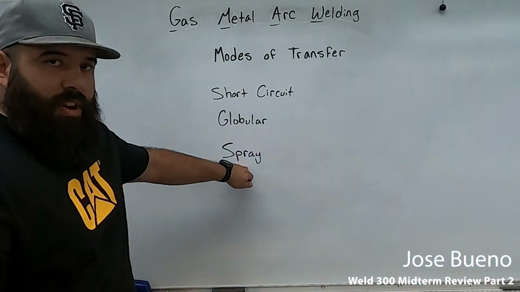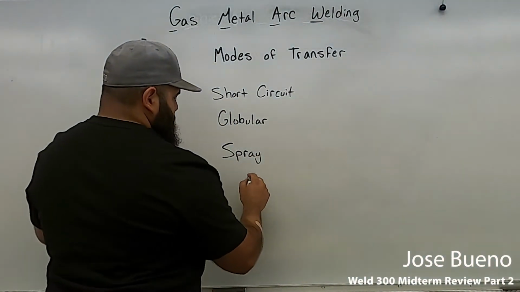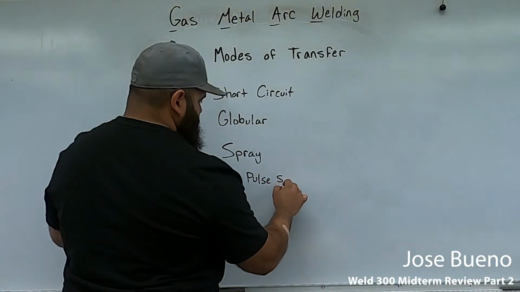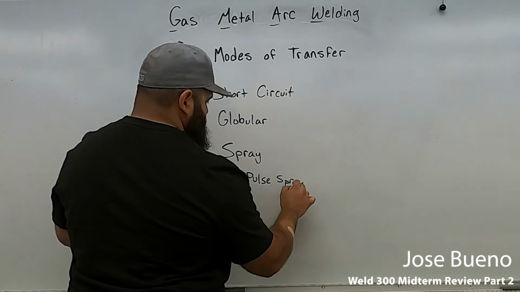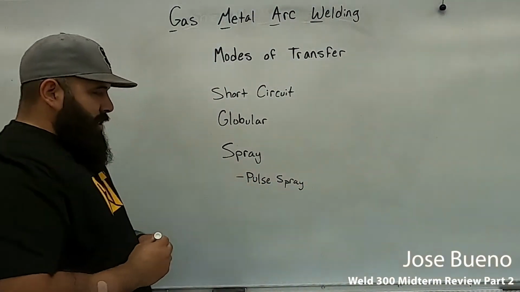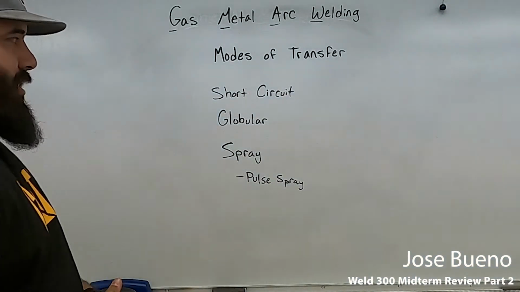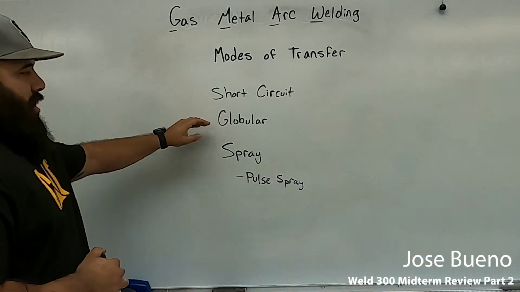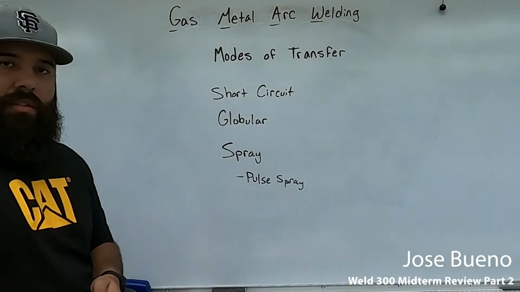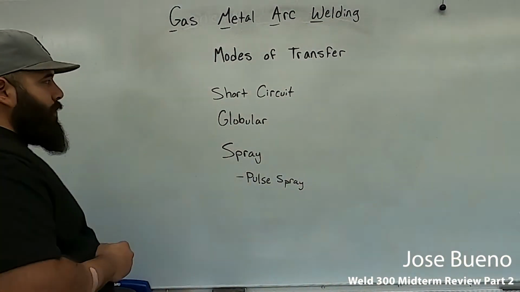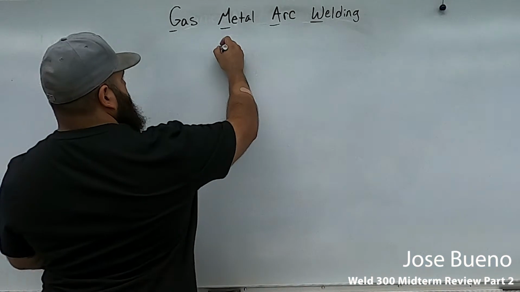Now we can take spray mode one step further because there's also something called pulse spray. But this is something that you'll focus on more in later classes. For now, just know that there are basically 3 modes of transfer when it comes to GMAW. So, short circuit.